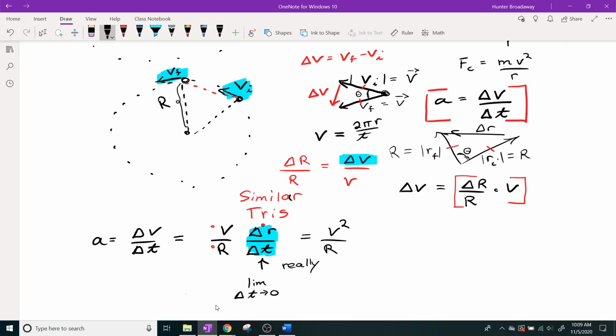The change of the radius with respect to time is the derivative function, and that's going to be the velocity. The derivative of the displacement function ends up being velocity. And that's how that actually works.